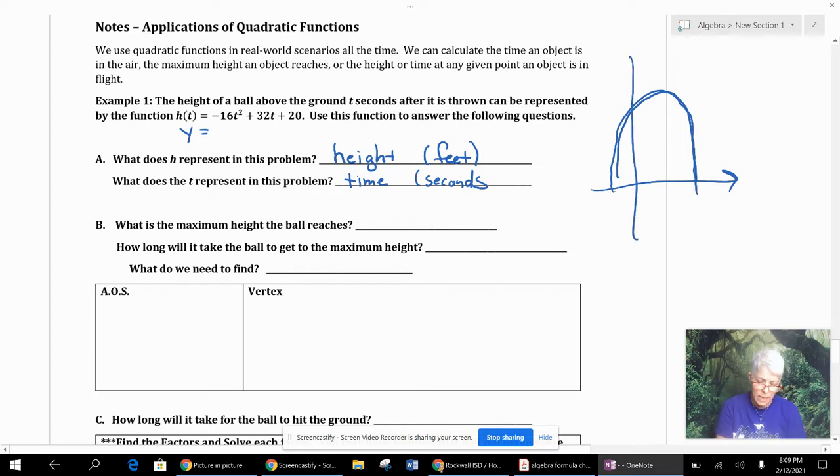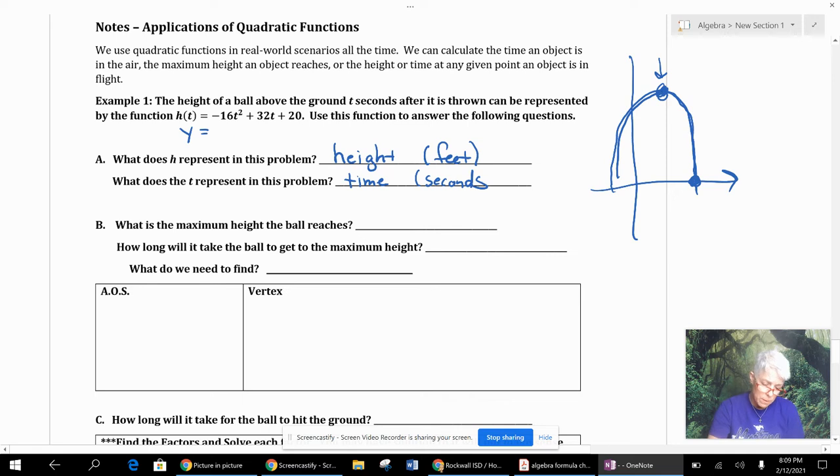And the y is the height of that ball. So what is the maximum height the ball reaches, and how long will it take for the ball to get to the maximum height? They want to know when it's going to get right here. What time will it be?